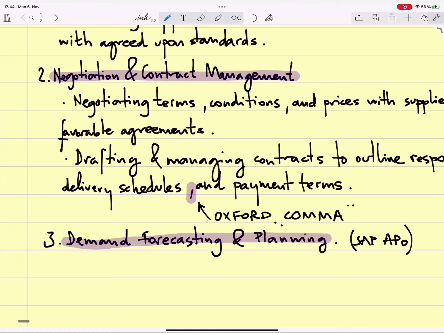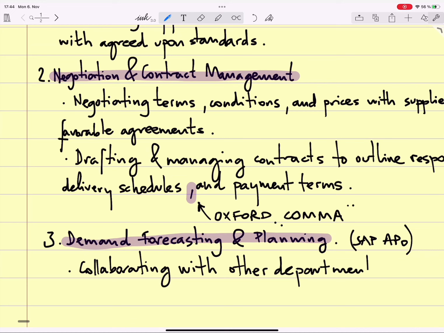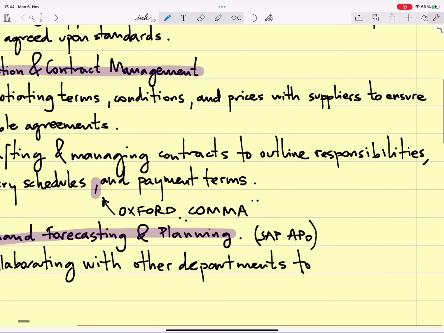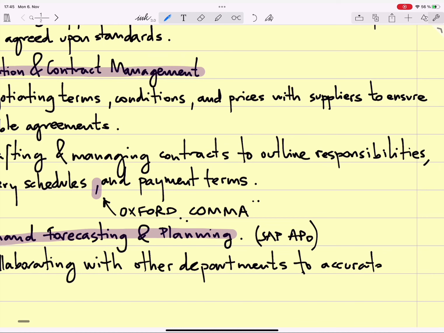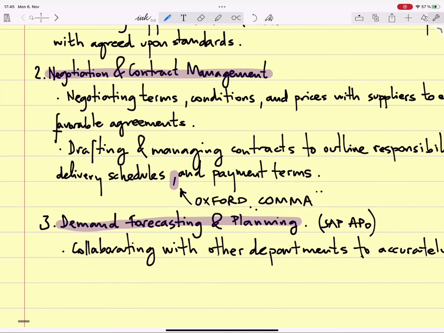Here what we do is we collaborate with other departments to accurately forecast demand for goods and services.